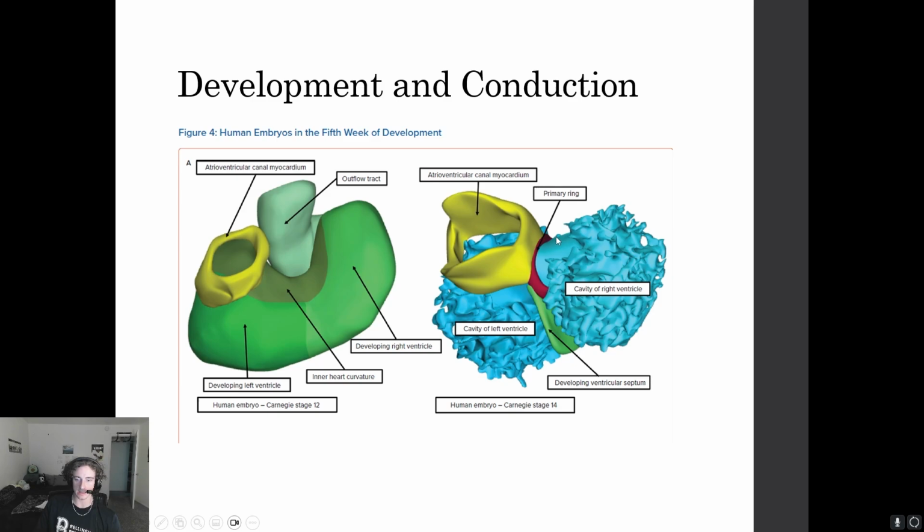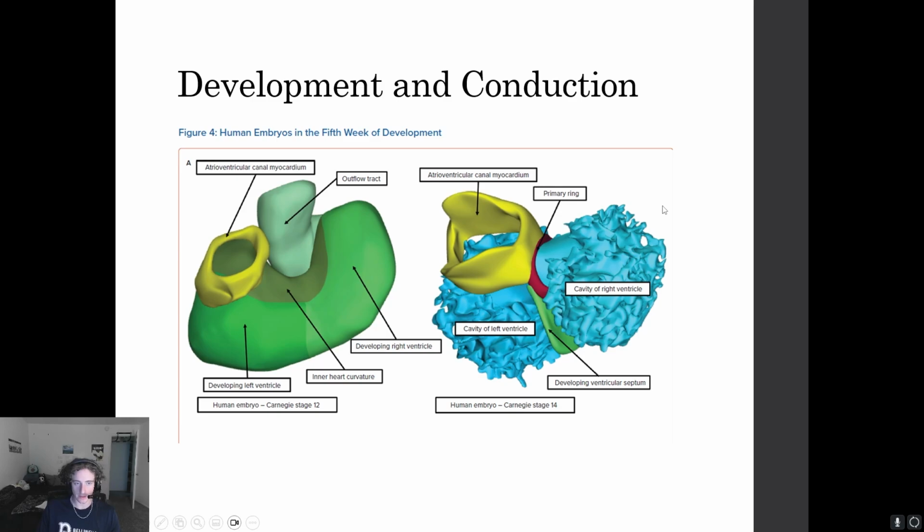So the primary ring is going to be circling that communication, and it's going to be carried on the crest of that developing ventricular septum. It's also going to be occupying the inner heart curvature, right? So that kind of area right here. And it's going to be separating the outflow tract from the atrioventricular canal, and it puts the outflow tract specifically behind that AV canal.